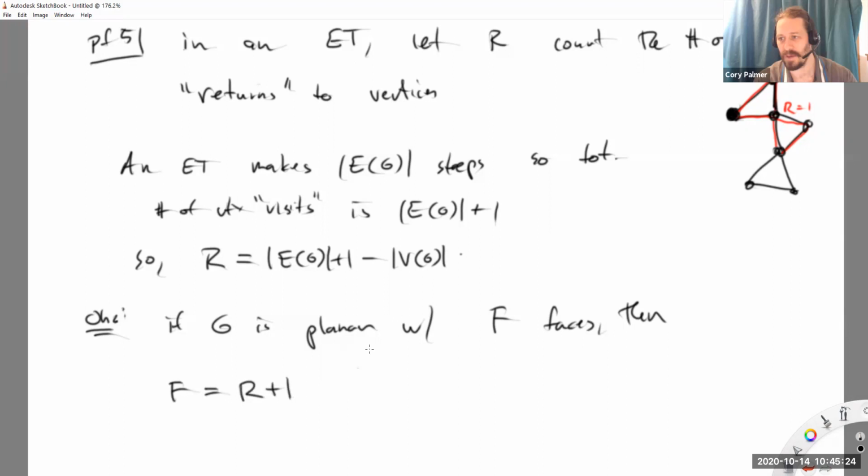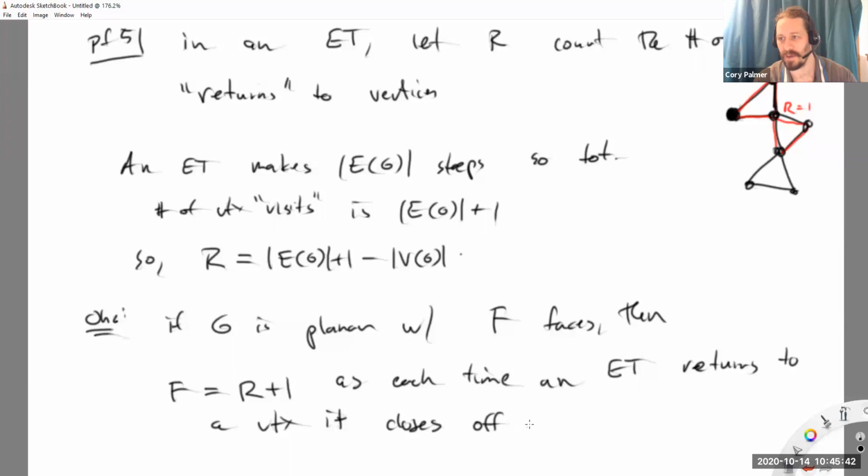Let me justify this. Each time an Euler tour revisits, returns to a vertex, it closes off a face.